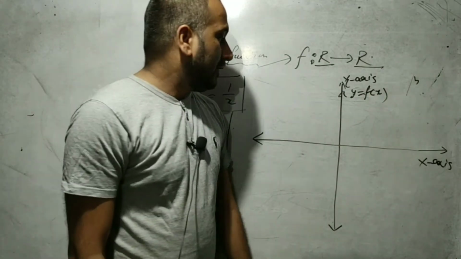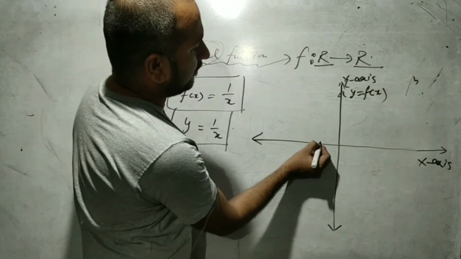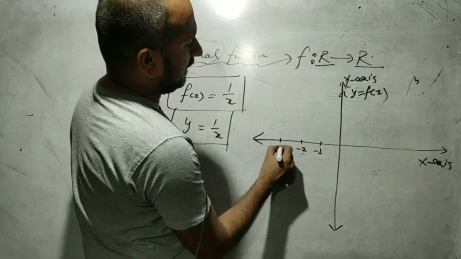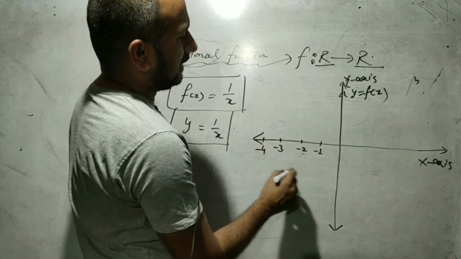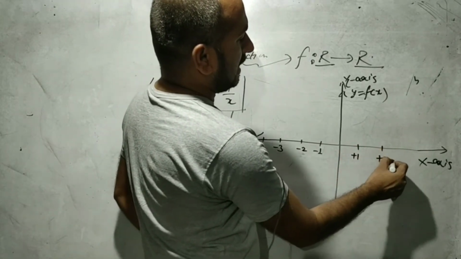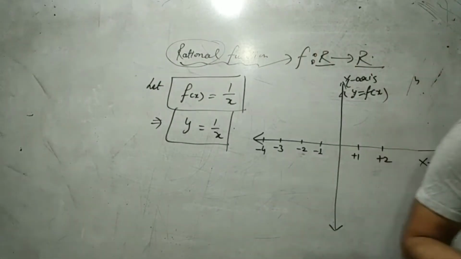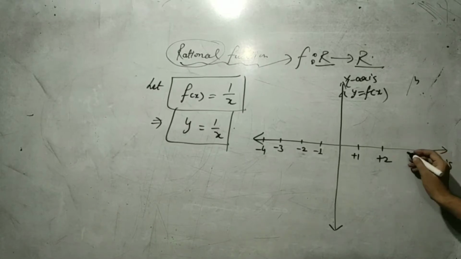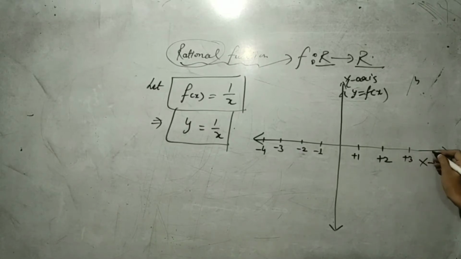Now I am marking here 1, minus 1, minus 2, minus 3, and here minus 4. Similarly plus 1, plus 2. Let me check my camera is covering this portion. Yes, no issue with the camera. Now plus 3, and the last is plus 4.